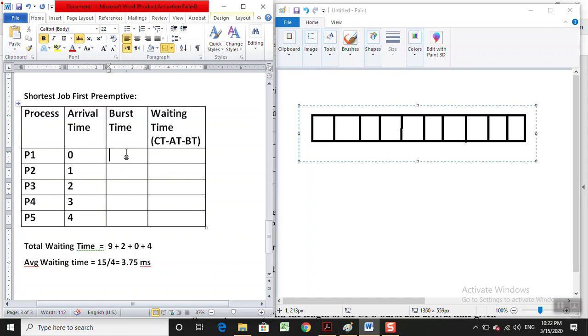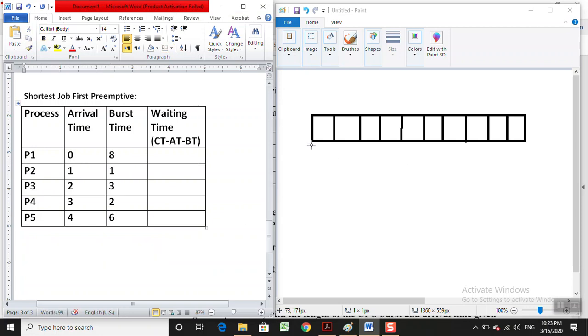And let us say the burst times for the processes P1, P2 and so on are, let me set something like 9 or 8, or okay, let me set 2, 1, 3, 2, and 6. Let us say it is starting from 0.